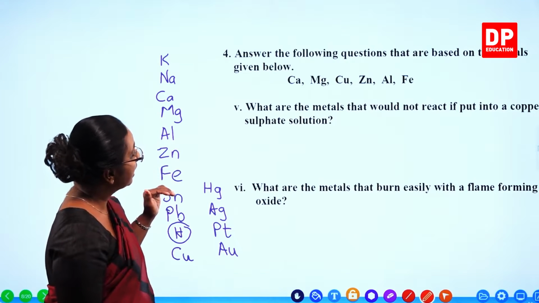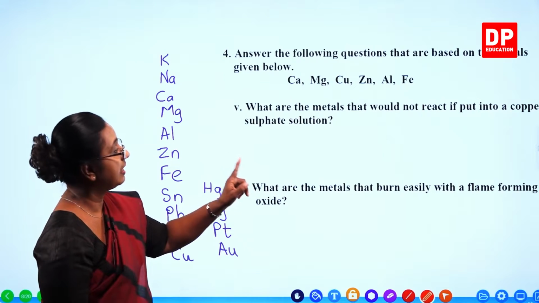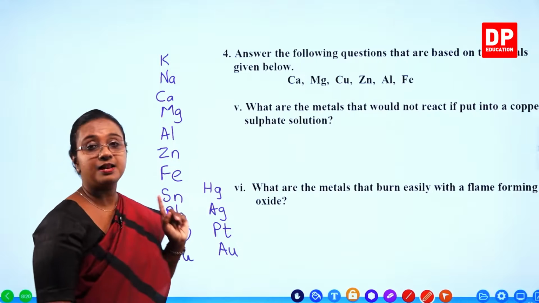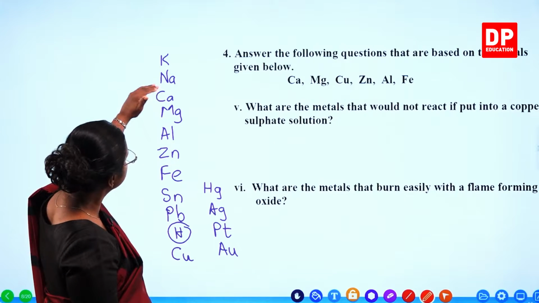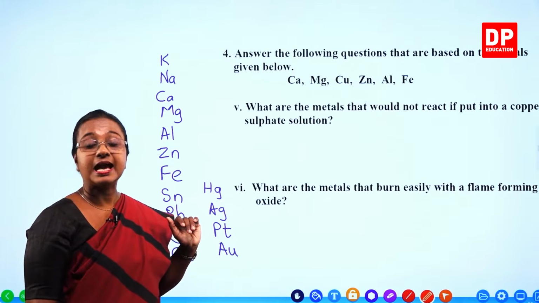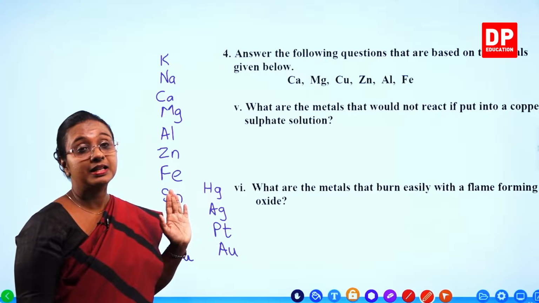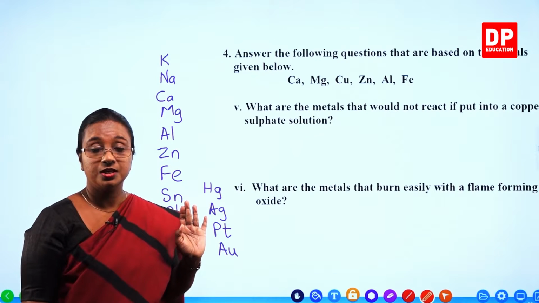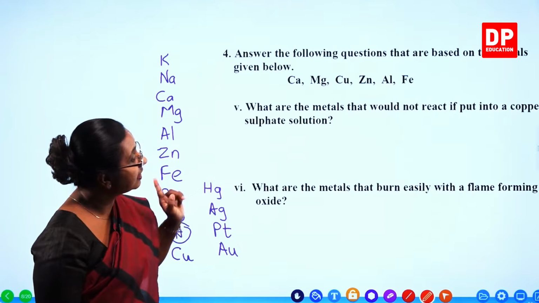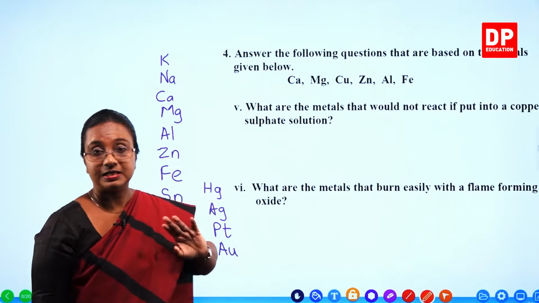Now, if you look at this question, students, what are the metals that would not react if put into a copper sulfate solution? You all know any metal that is above copper in the activity series will displace copper from its metal ion solution or the metal salt solution. So, copper sulfate is the copper salt solution if we put all these metals.